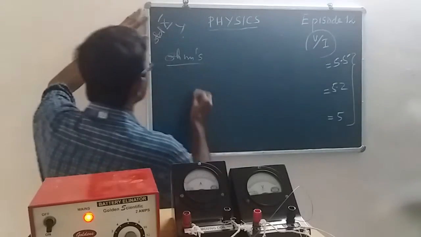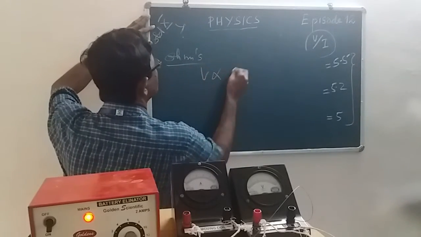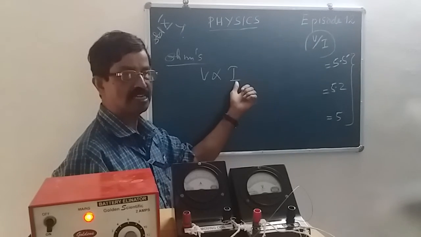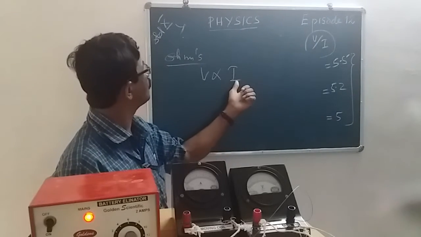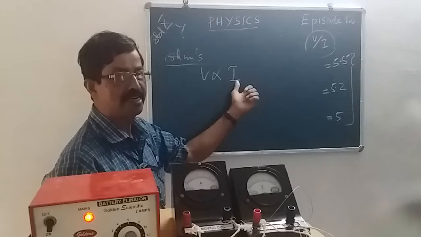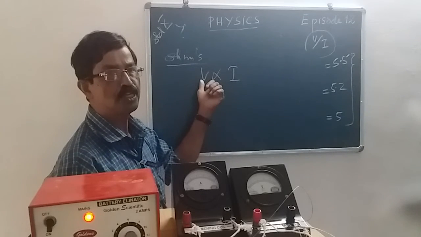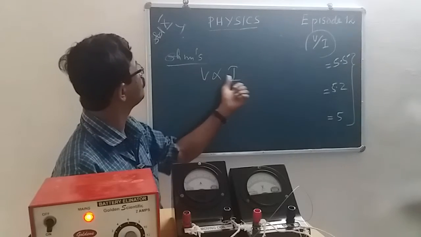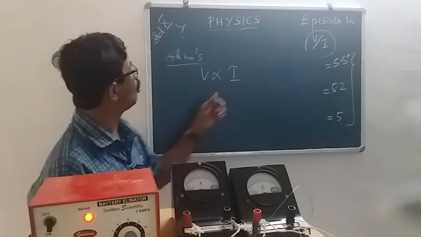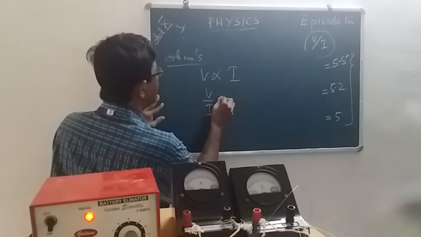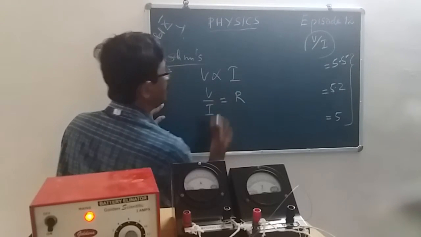That means V is proportional to I, or V by I is equal to a constant.